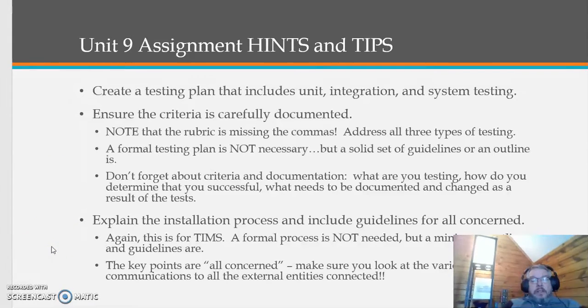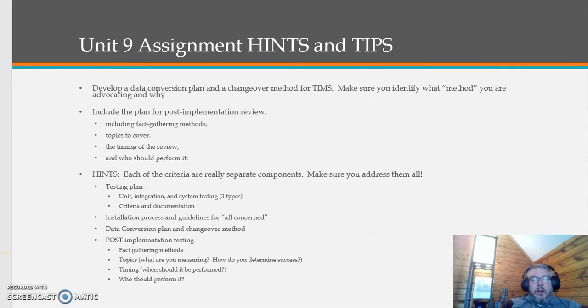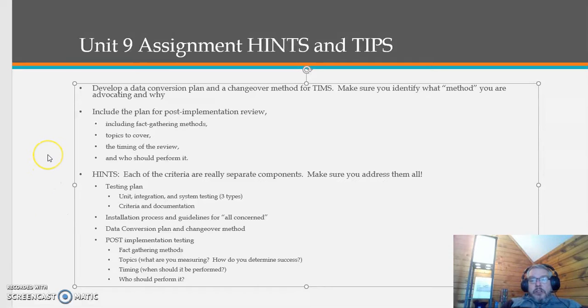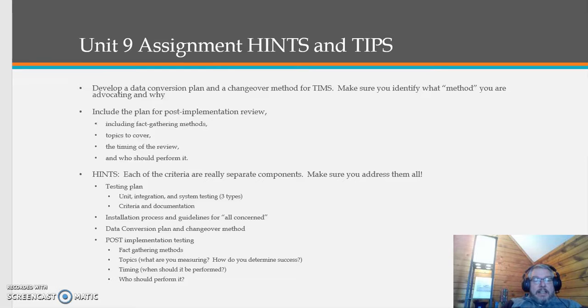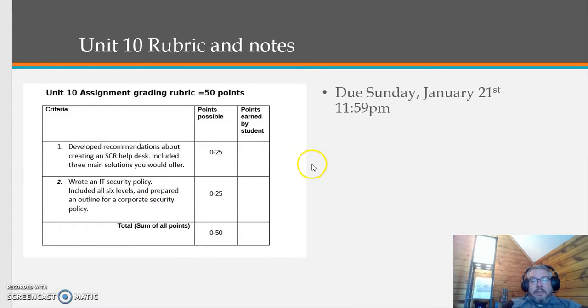And make sure that you're looking at the process for all concerned with it. This should be pretty straightforward. A successful assignment is really going to have four different sections and address each of those components. And I think you're going to be pretty successful with what we've learned in this class at this point in time.